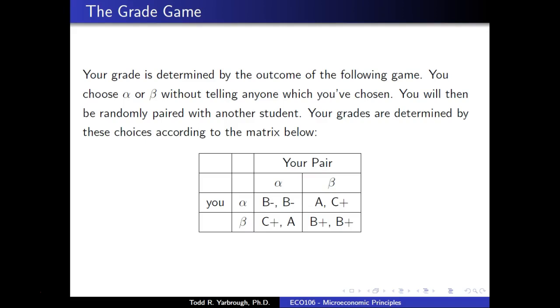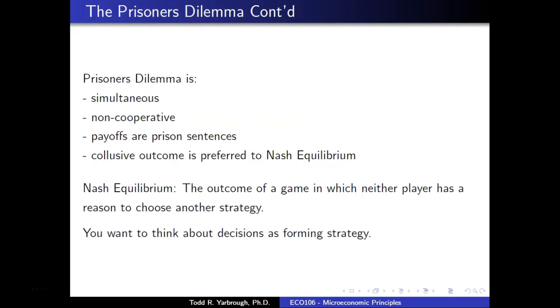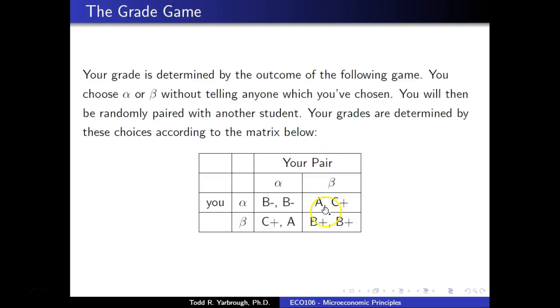Again, prisoner's dilemma here refers to a type of game as opposed to a particular game itself where we're only talking about robbers. Basically, the prisoner's dilemma is a situation in which there actually is a collusive outcome that is preferred to the Nash equilibrium. However, because of the nature of game theory, we actually don't expect people to choose the collusive outcome. And it's because of a lack of trust.